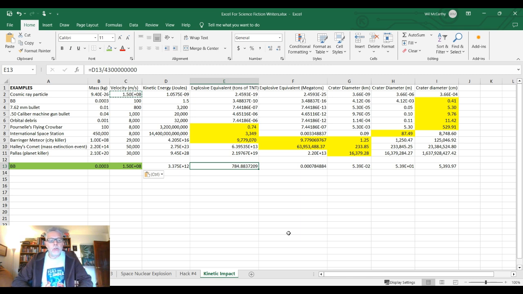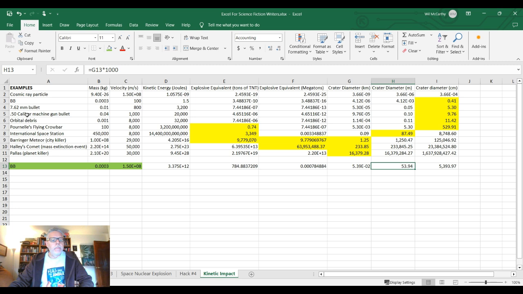So we're getting close to a kiloton of explosive force. And the crater that we see from that is about 54 meters across. So a BB traveling at half the speed of light is not a city killer, but it certainly will take out a city block very handily.